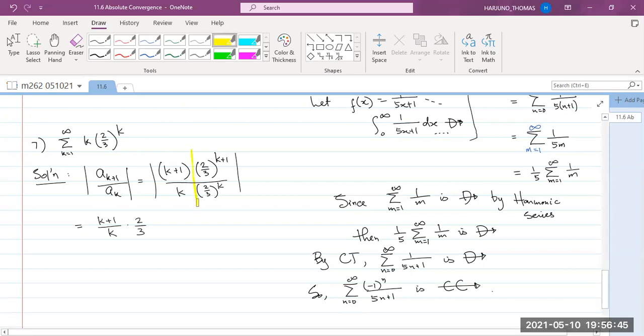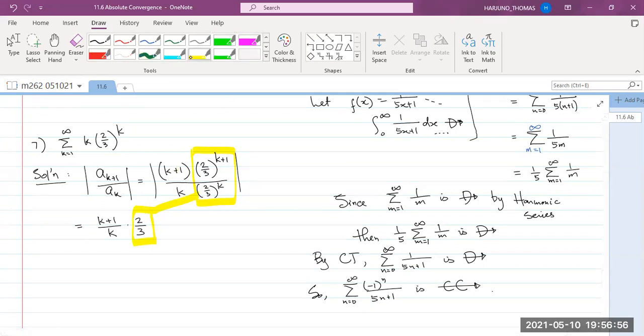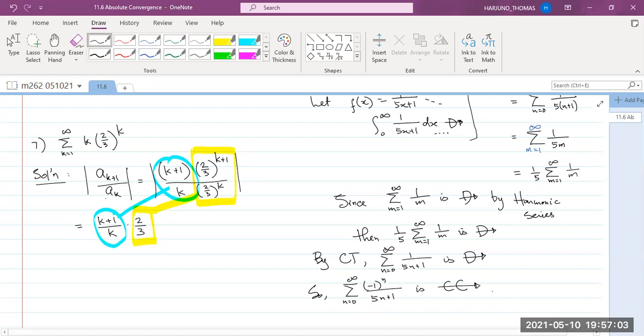See, this 2 over 3 to the k cancels, becomes only 2 over 3. That's the extra factor we have on the top. And then this guy gives us this. And then I divide the top and the bottom by k. This converges to 2 over 3, which is less than 1.